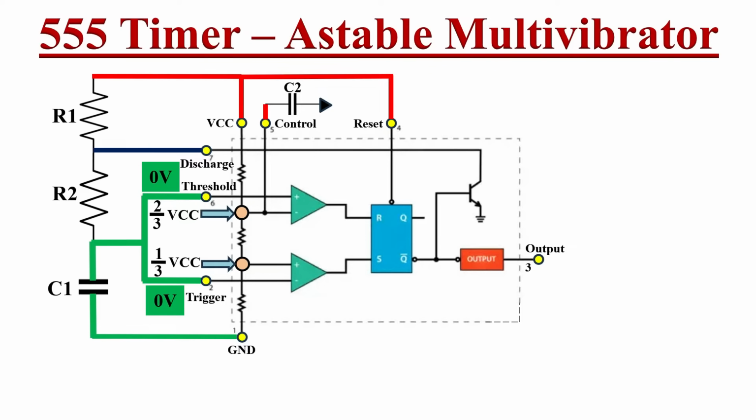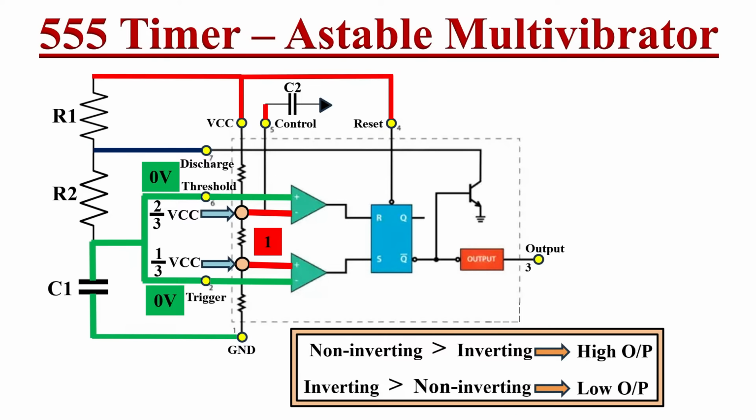Here these voltage levels are the inputs of these two comparators, and as per comparator's logic, the first comparator inverting input is greater than non-inverting input, so it gives a logic low level output, while the second comparator non-inverting input is greater than inverting input, so it gives output of logic high level.